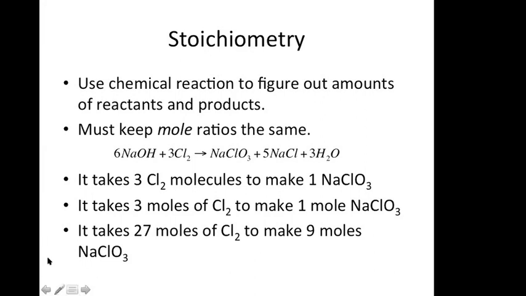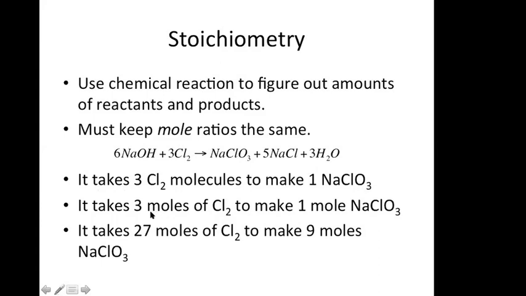So what this chemical equation says, if we think about it in terms of molecules, is that if I have 3 molecules of chlorine, I can make 1 molecule of sodium chlorate. That's what this NaClO3 is. But remember that whenever we use moles, we can use it as if we're using the word molecules. We're just saying a bigger number.